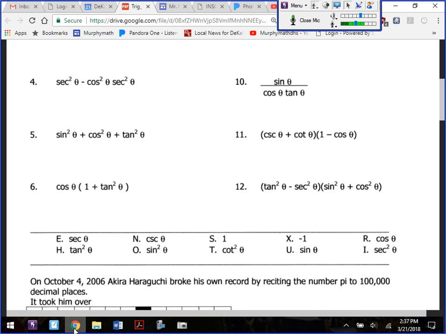Don't overburden yourself on this one, but I do want you to try to look at them. Of all of the 12 that are on there, the only one that takes a little bit longer is number 11. There's a couple of weird things that occur in that one, so don't worry about it. I did not put any identity stuff on there for tomorrow. There's no sine squared to change to cosine, 1 minus, and things like that.